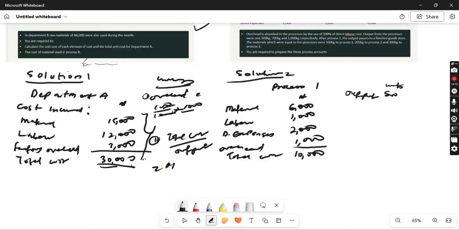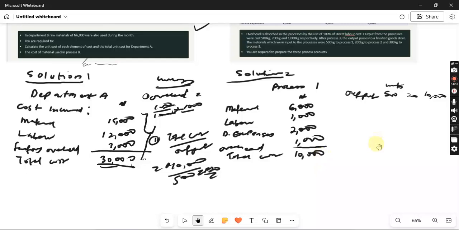Our total cost is 10,000 naira incurred, so that we can know the rate by which we are going to transfer to the next department. At the end of the day, we have a cost of 20 naira, which will give us 10,000.